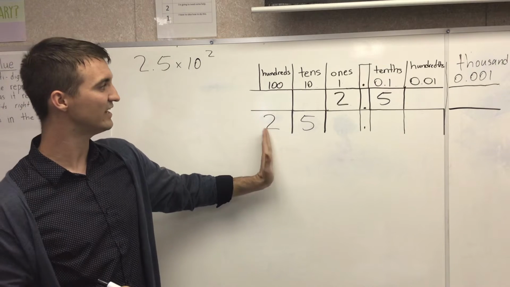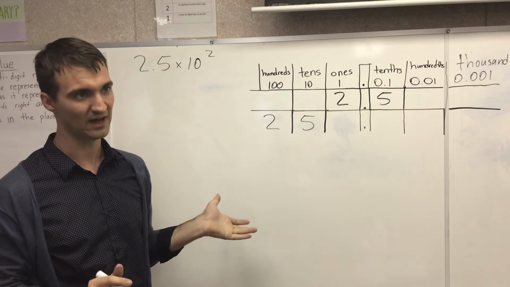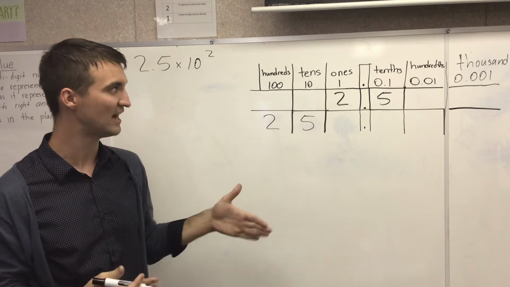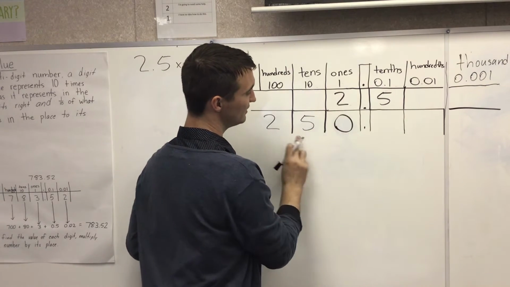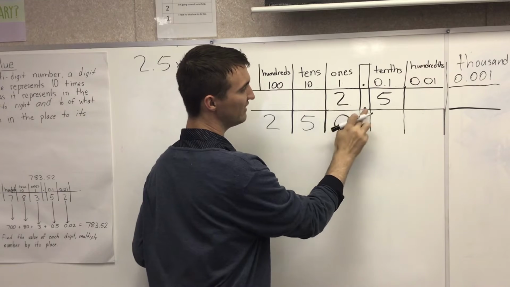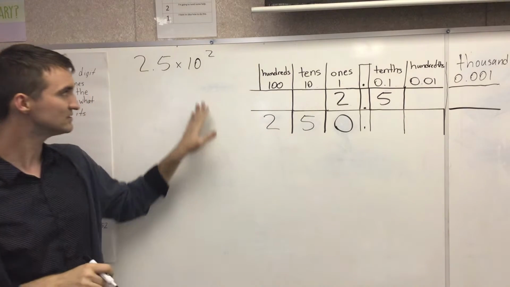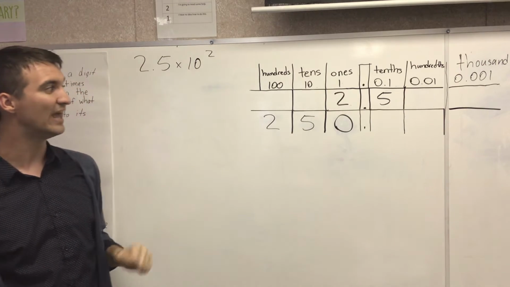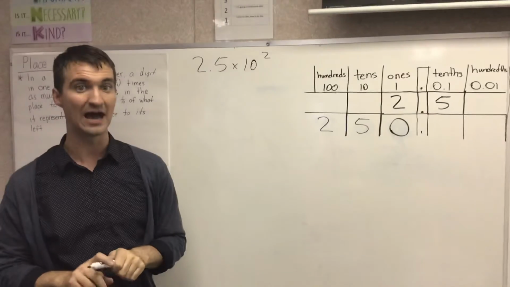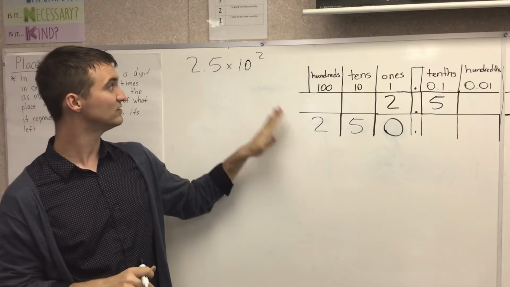And I can't say 25 tens and write 25, okay? Because then I've just got 25. I need a number to go right here because this place has to be filled. And so therefore, 2 and 5/10 times 10 to the second power, or 100, is going to be 250.